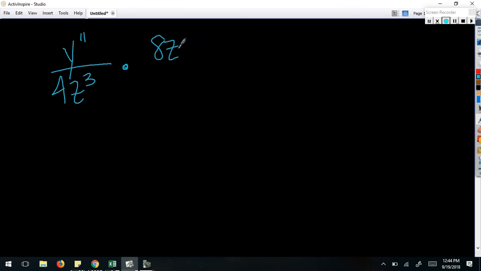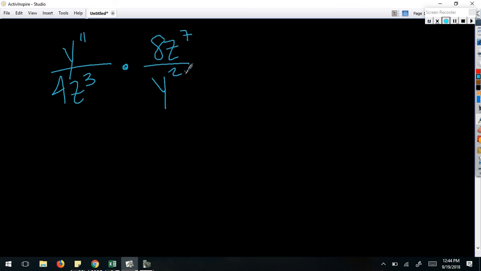Okay, let's say I have, and this is actually one of your homework problems, I won't tell you which one, y to the 11th over 4z cubed, times 8z to the 7th over y squared.